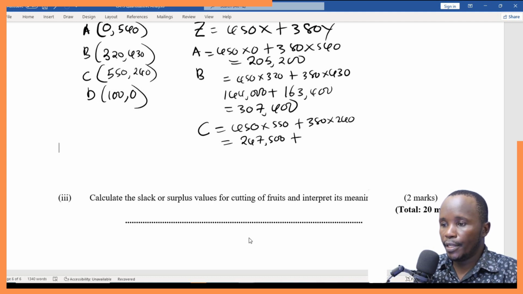It gives me 91,200. When I add these two, 247,500 plus 91,200, I get 338,700.